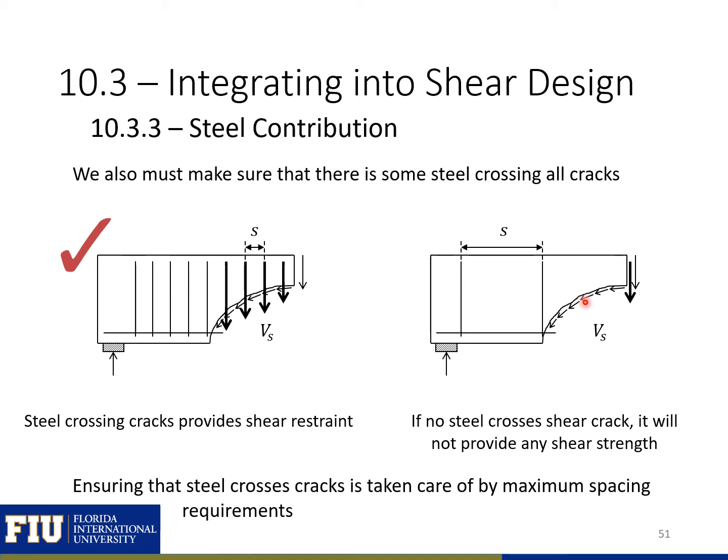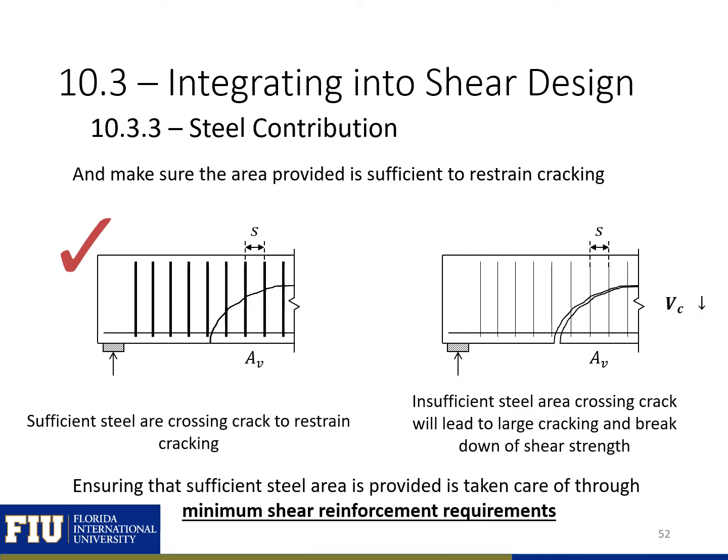In this case, we have no steel crossing the shear crack, so we're not going to get any shear strength from our stirrups. So we need to ensure that our steel crosses the cracks, and we do that by having a maximum spacing requirement for our shear reinforcement.